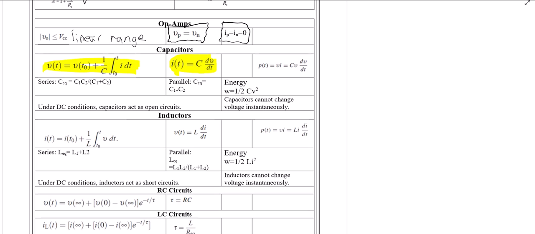And power always equals V times I. So you take your function for your voltage times your function for your current, and multiply those. And since the current is C dV/dt, then if you replaced I with C dV/dt, you would get this expression for the power as well.